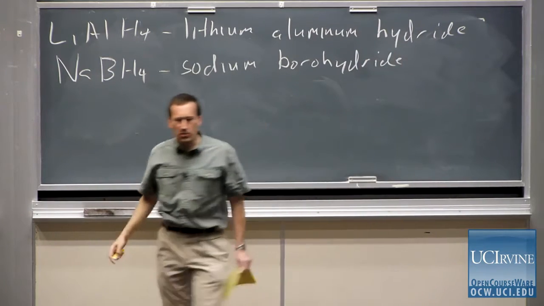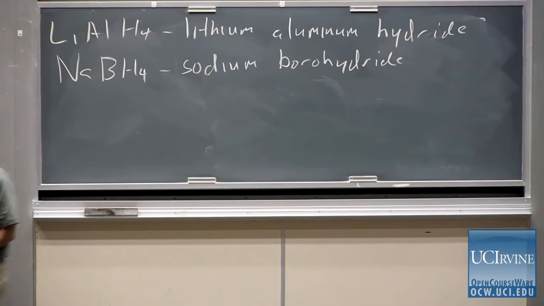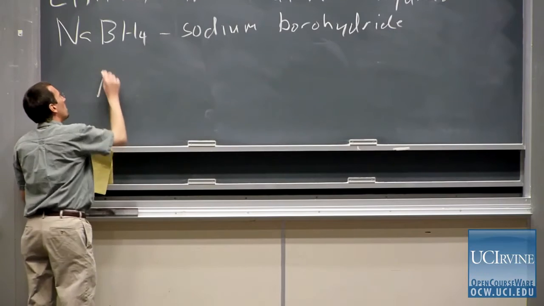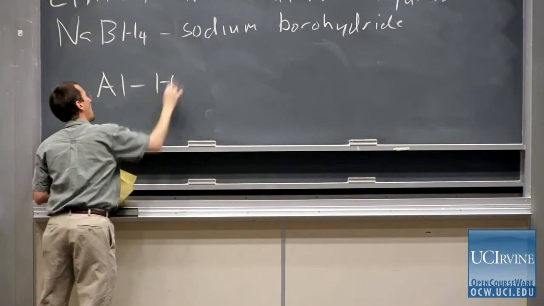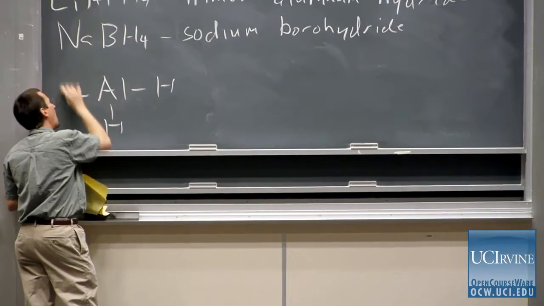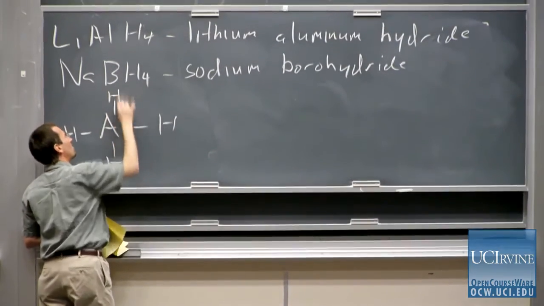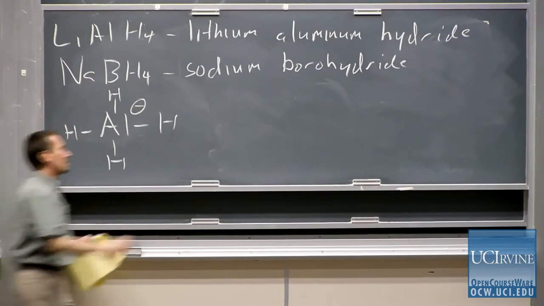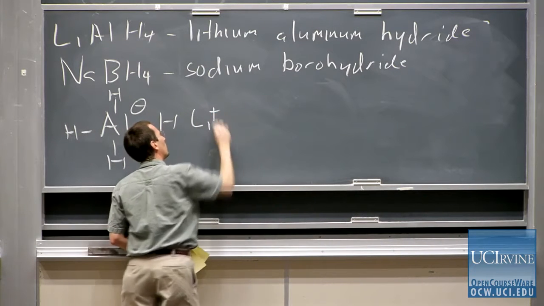Both of these reagents react as hydride with carbonyl compounds, particularly with aldehydes and ketones, which is what we're going to focus on today. The structure of lithium aluminum hydride is an aluminum hydride anion, or tetrahydride anion, and a lithium cation.